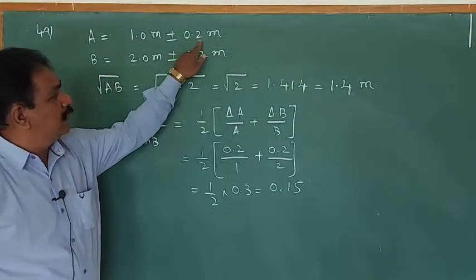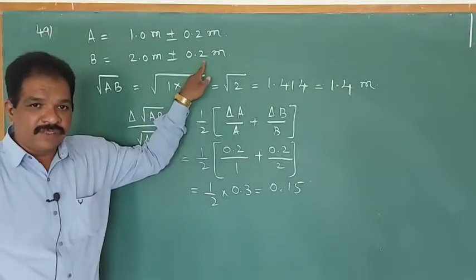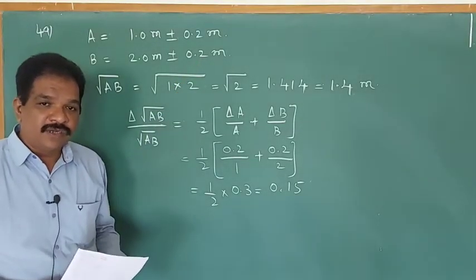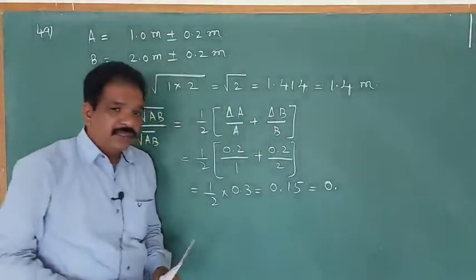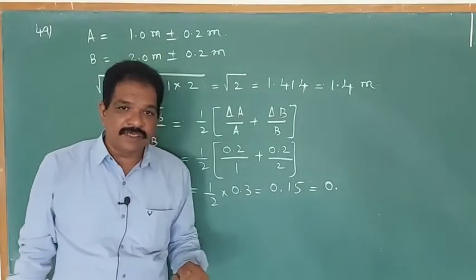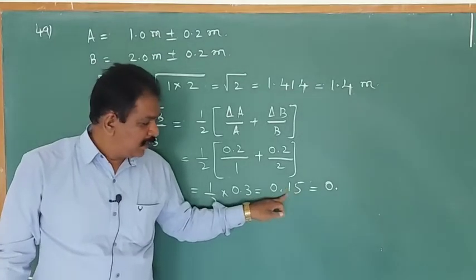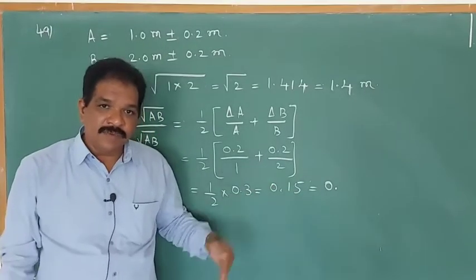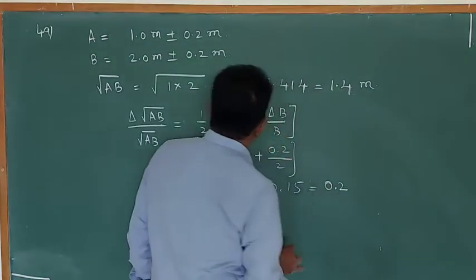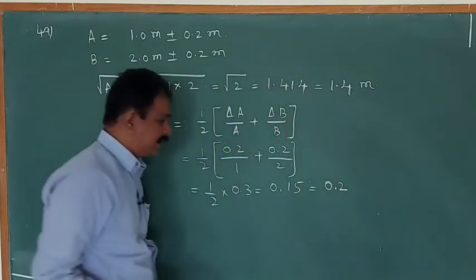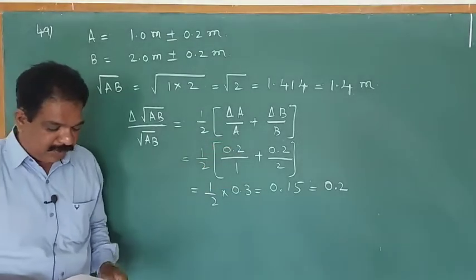Here only one significant figure is there, here also one significant figure is there. Final answer should also have one significant figure. If we discard this 5 and the preceding digit is odd, its value will be increased by 1. So it becomes 0.2. Understanding? So like that we get the error value as 0.2.